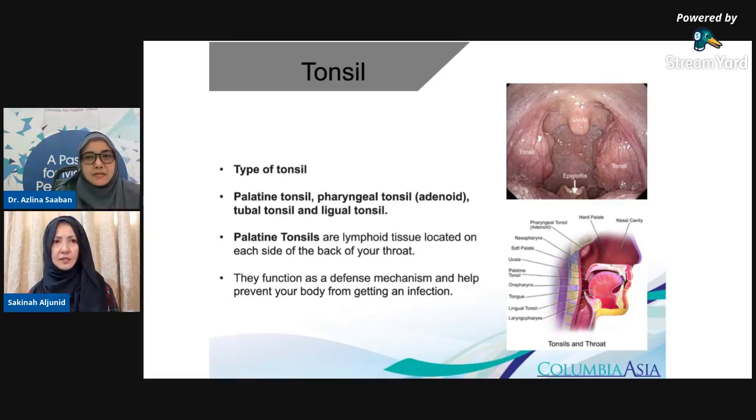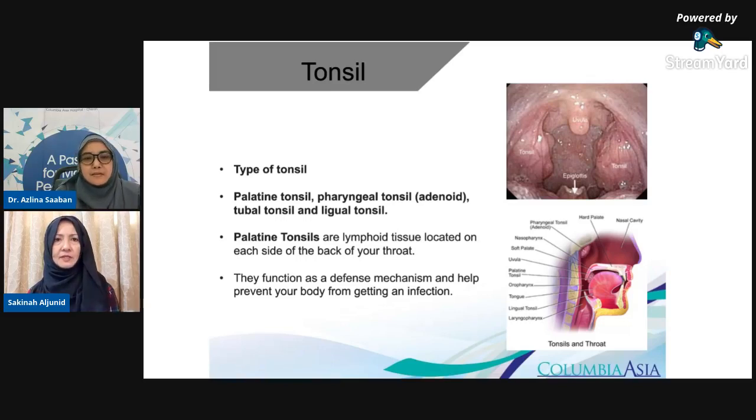It's a soft rubbery in texture, and the function of this lymphoid tissue is for defense mechanism, basically to help prevent our body from getting infection. But of course, the lymphoid tissue itself can also get infected. That's why we remove the tonsil if it is having problems, like recurring infection.